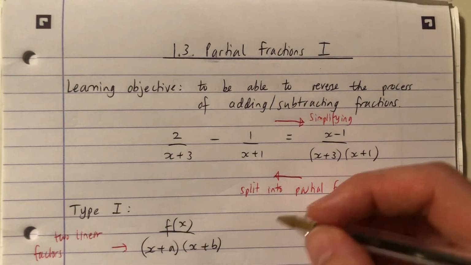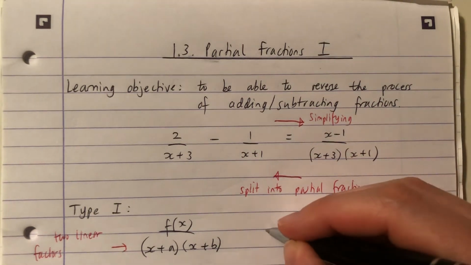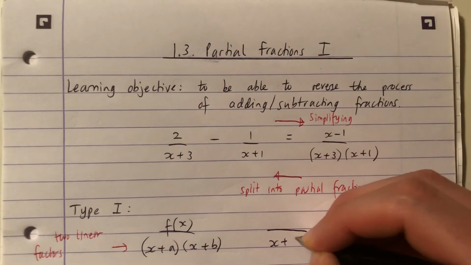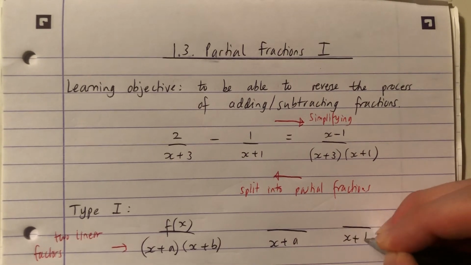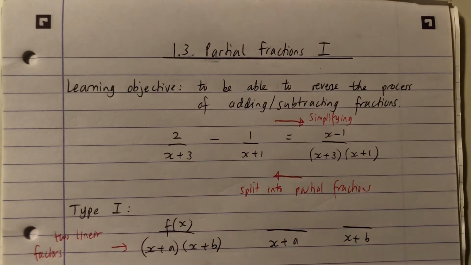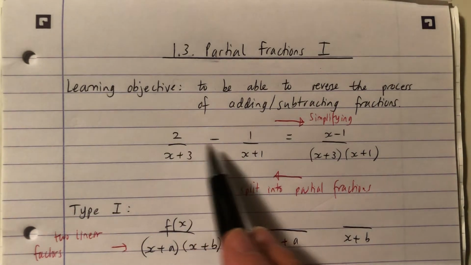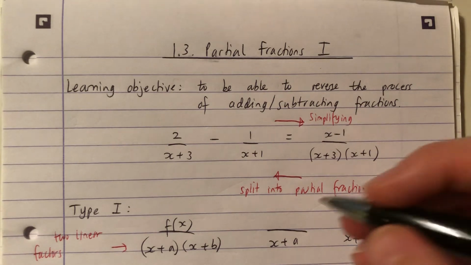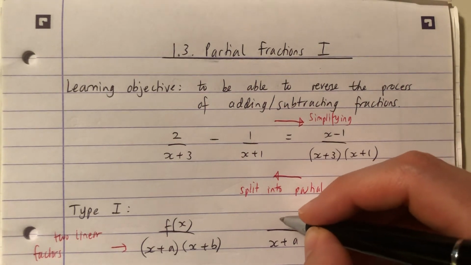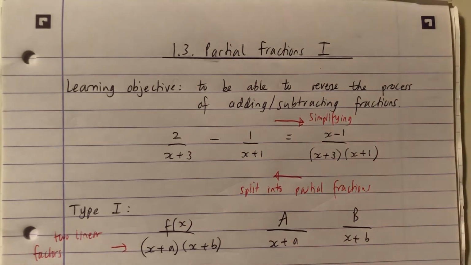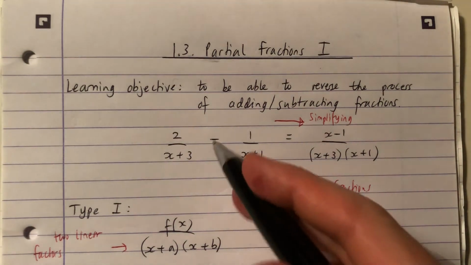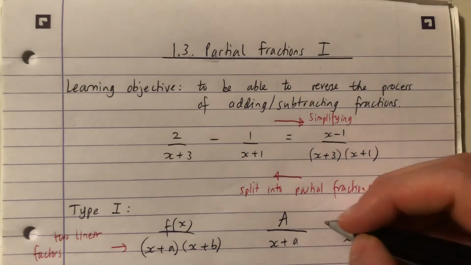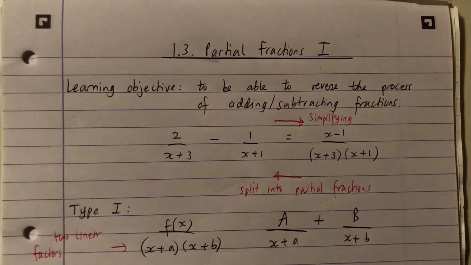So we just say that this is probably from an x plus a and an x plus b. Just take these two denominators. It's impossible to tell what the numerators are going to be, so we just give them letters A and B, and we don't know whether it's a plus or minus in between, so we just say it's a plus, and then the constant B would be negative if we had to subtract.